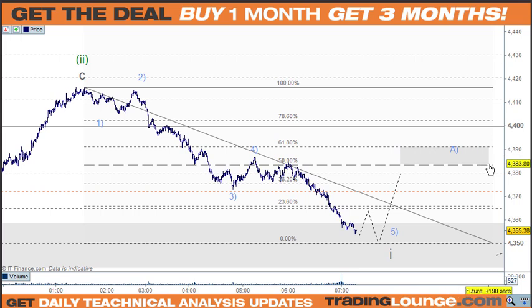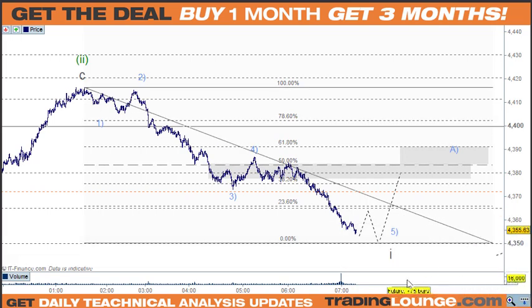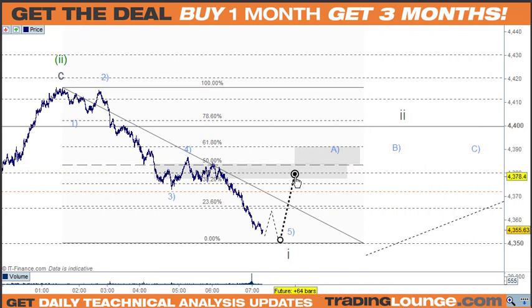So that's the 61.8%, but I wouldn't hang on that too much. It's really about all of this. That's what it's about. But what we want to do here for this little ABC is, there's no real first consolidation there, so it might bounce back high at that point.